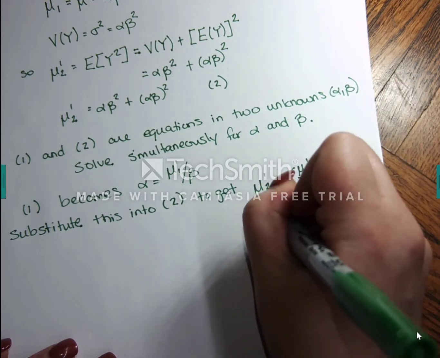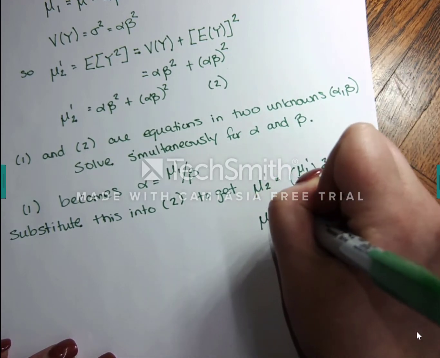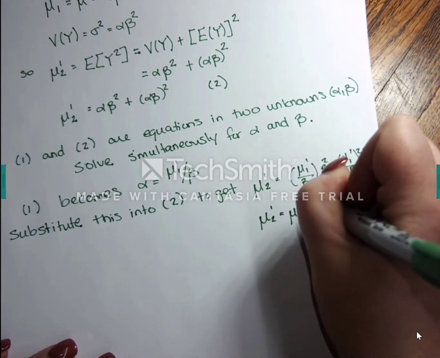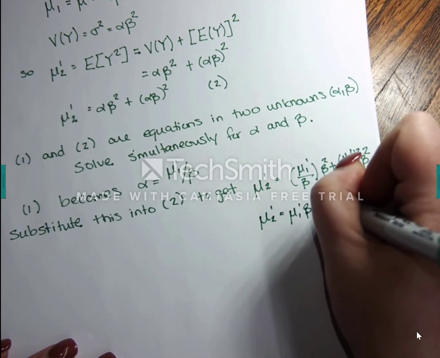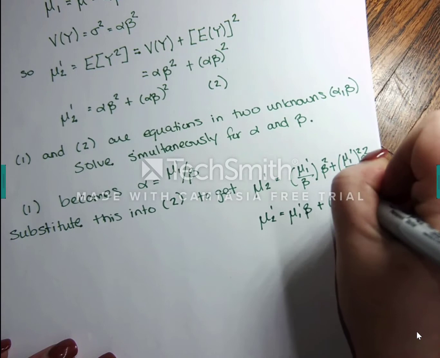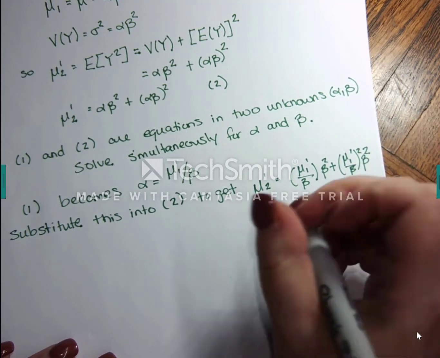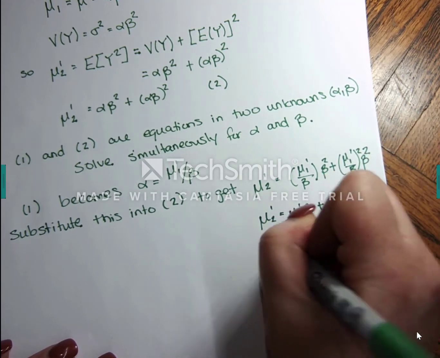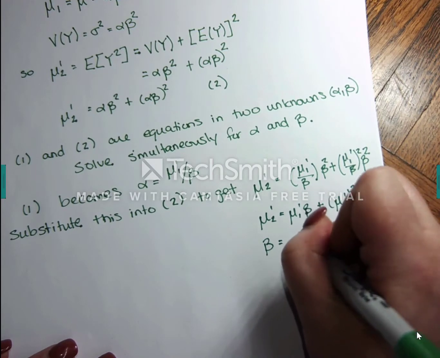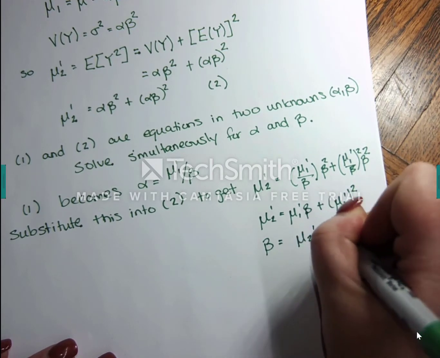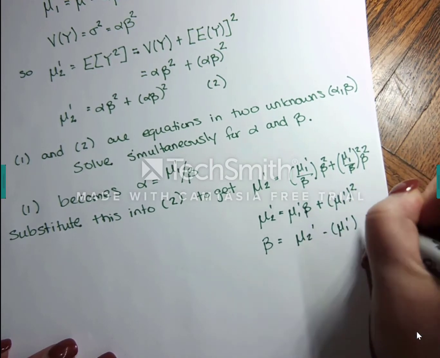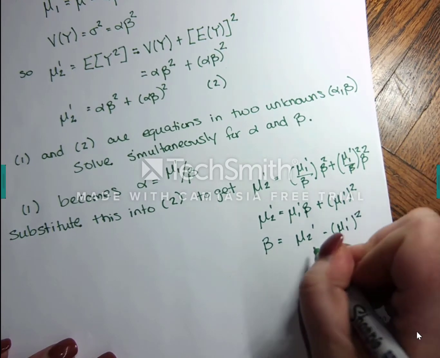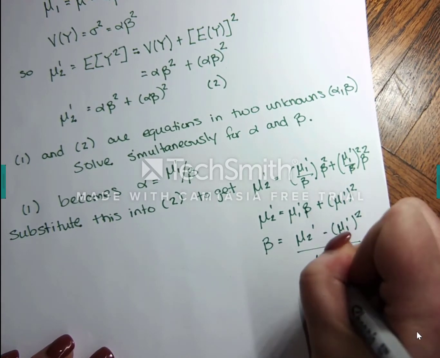So we're going to get that mu prime 2 is equal to mu prime 1 beta plus mu prime 1 squared. And if we solve for beta, we find that beta is equal to mu 2 prime minus mu 1 prime squared divided by mu 1 prime.